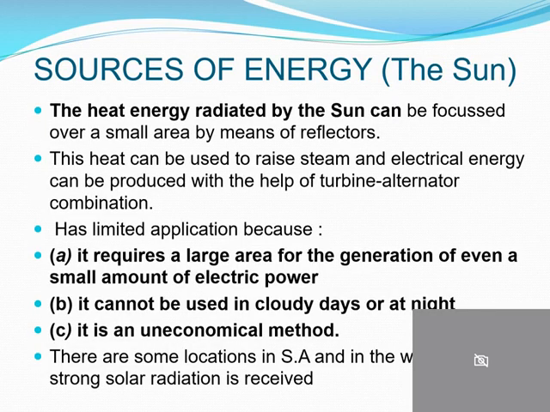So for the sources of energy, when you look at the sun, you will have heat energy radiated by the sun, and that can be focused over a small area by means of what we call reflectors. And this heat can be used to raise steam, and electrical energy can then be produced with the help of a turbine alternator combination.